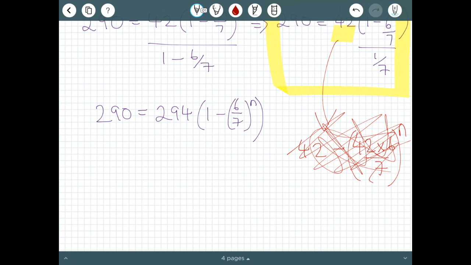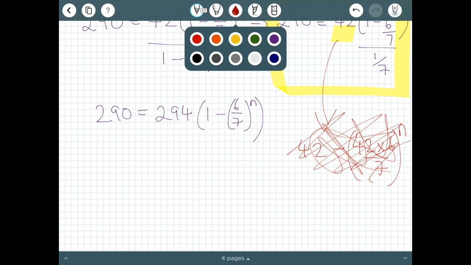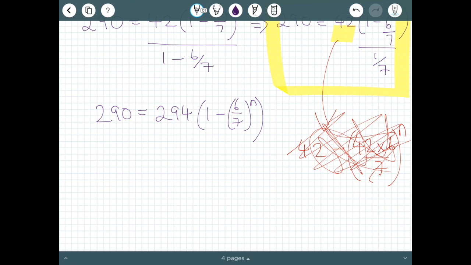Anyway, moving back onto what I was on about, we go back to the purple, and now I'm just going to rearrange everything that I can. So I'm going to divide by 294, so 290 divided by 294 is equal to 1 minus 6/7, again I'm just going to put these in brackets for now, to the power of n.